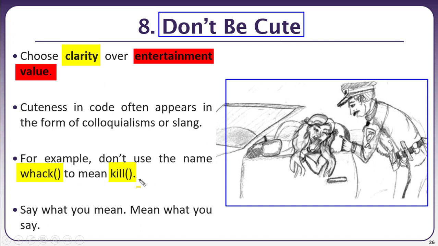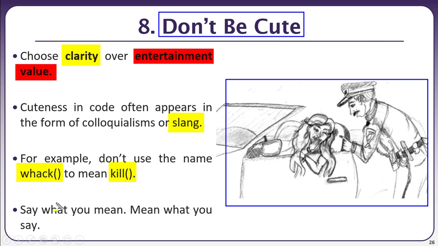But the important thing is कि आपको informal नहीं होना. आपका मकसद किसी को entertainment value provide करना नहीं है या कोई slang इस्तेमाल करना नहीं है. Rather, you should be using the names which are more formal, which are closer to the domain जिसके ऊपर आप काम कर रहे हो.